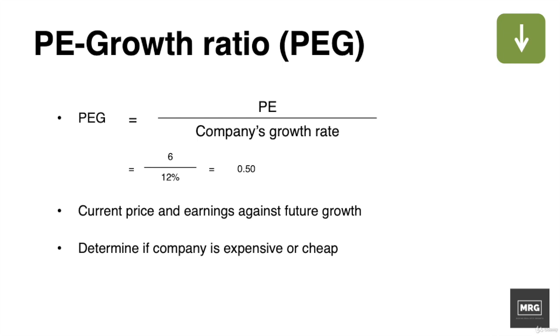So remember, PE ratio by itself is not indicative enough. You couple it with the company's growth rate and use the PEG ratio to determine if a company is expensive or cheap. Top right corner, arrow is pointing downwards. The lower the PEG ratio, the better it is.